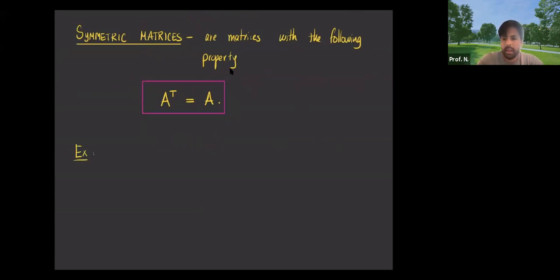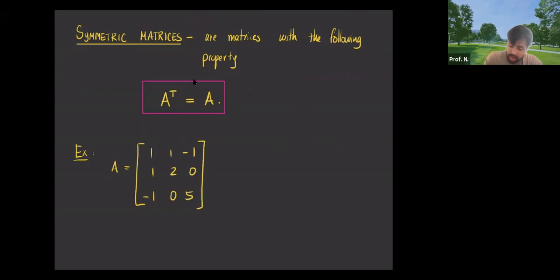For example, let A equal 1, 1, negative 1, 1, 2, 0, and negative 1, 0, 5. What would be the transpose? Well, remember, the first row becomes the first column now.